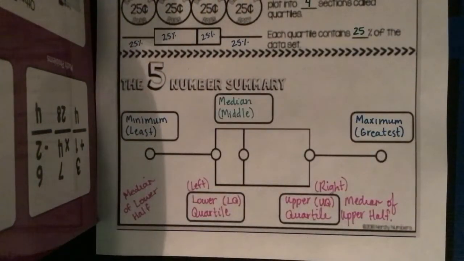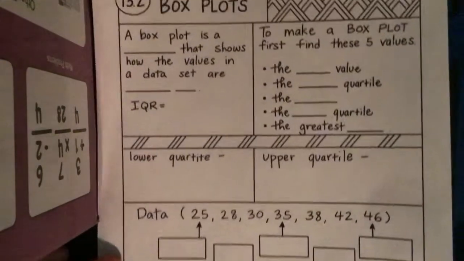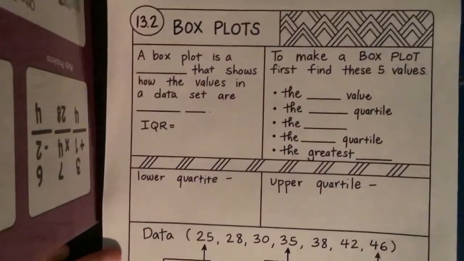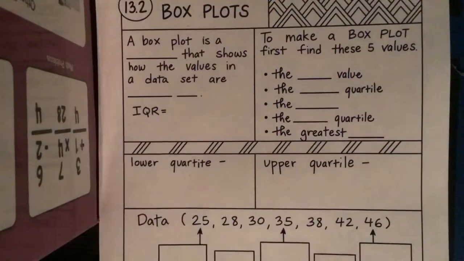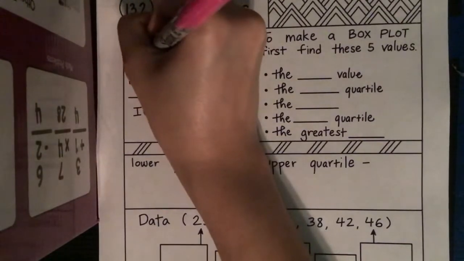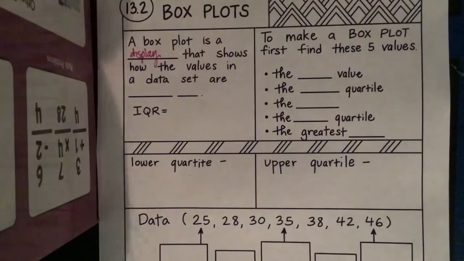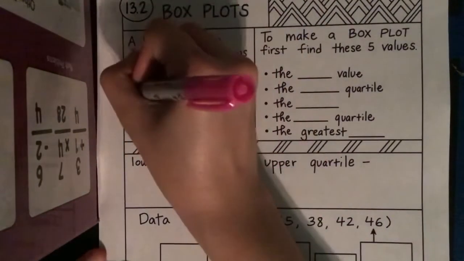Alright, we're going to review a little bit more information, and then we're going to look at our problem ourselves. The first thing will be our definition, and we already talked about it. A box plot is a display that shows how the values in a data set are spread out.